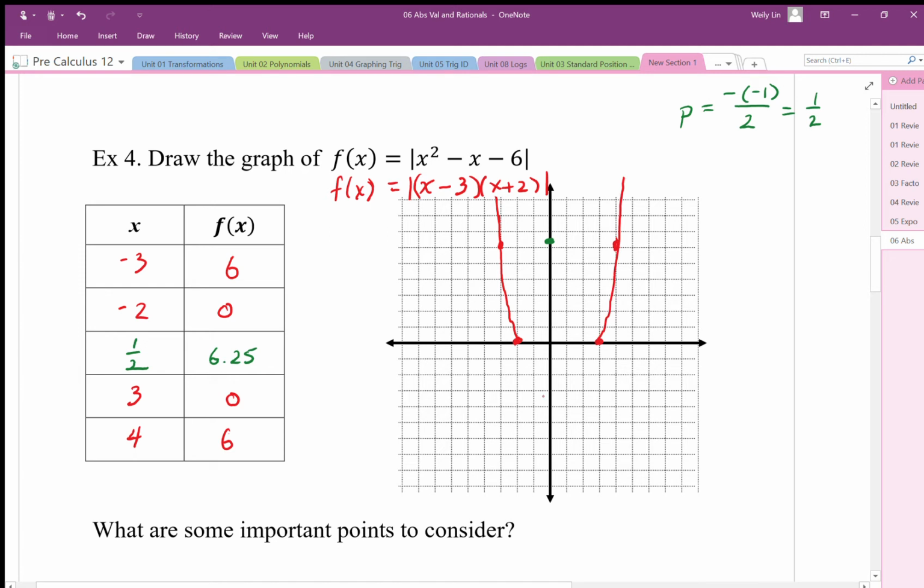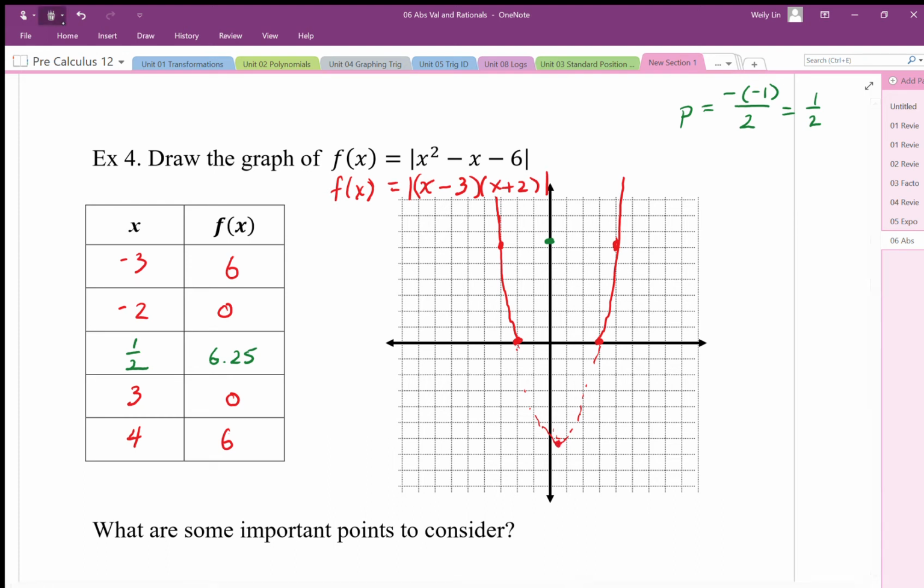And I'm just going to draw it in as a dotted line here. So that's what the original graph would have looked like. But what's going to happen to all these points that were originally below the x-axis? When I apply the absolute value, that point here gets flipped up to there.